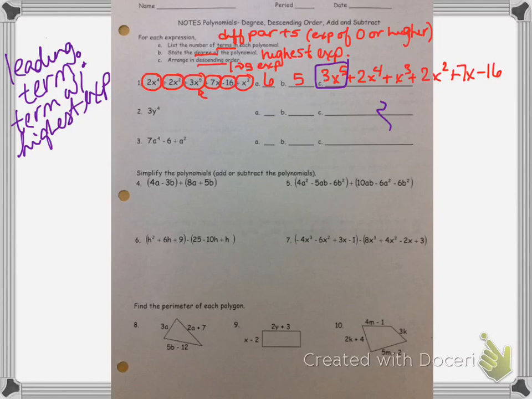Okay, so in this case, the 3x to the 5th is the leading term. And then we also have what we call a leading coefficient. And that is the coefficient of the leading term. So in this case, it would be just 3. So we could say leading term, 3x to the 5th, leading coefficient is going to be 3.